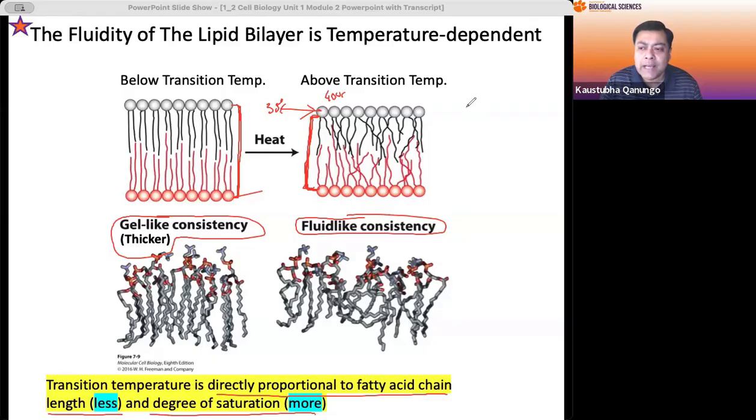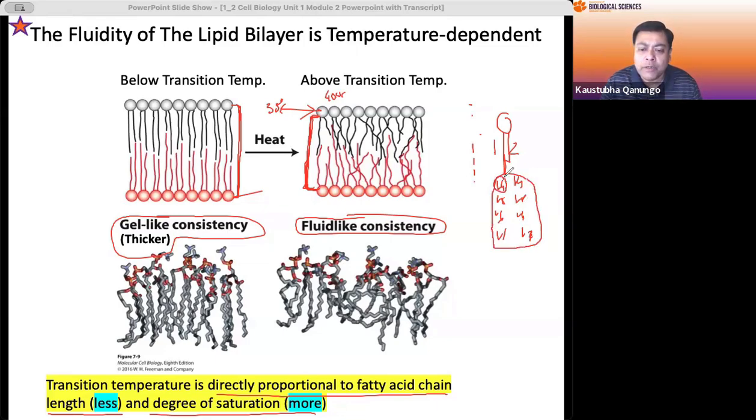So just think about that. We have all these different lengths of fatty acid chains. Remember that you have two fatty acid chains, 1 and 2. So you can have like 14, 15, 16, 17. On the other hand, 14, 15, 16, 17. These are all the carbon numbers of the fatty acid chains, and they depend on how many of them are there.